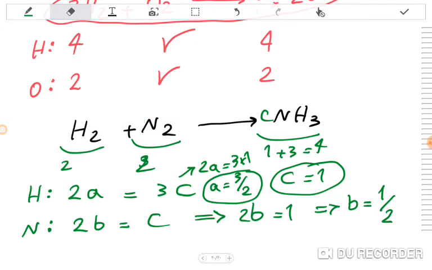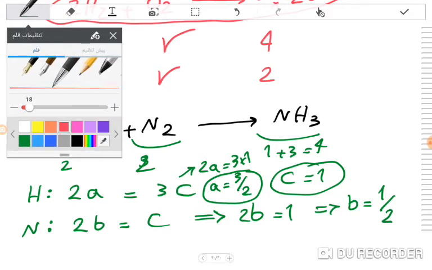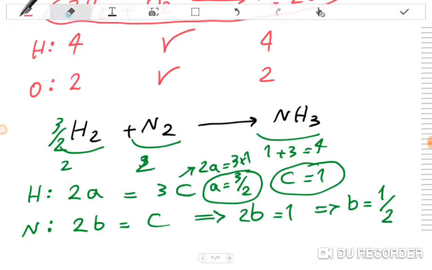A is 3 over 2. 3 over 2 for hydrogen, 1 over 2 for nitrogen, and 1 for ammonia.